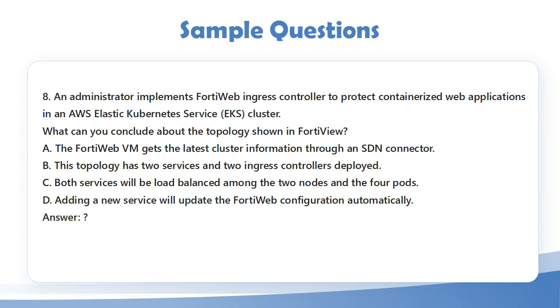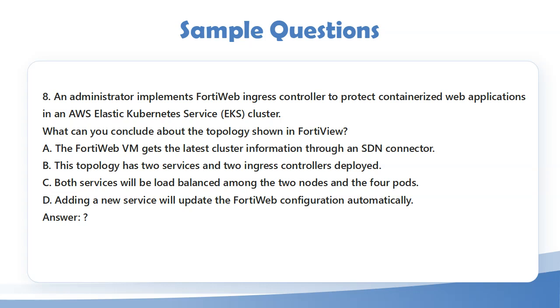8. An administrator implements FortiWeb Ingress Controller to protect containerized web applications in an AWS Elastic Kubernetes Service (EKS) cluster. What can you conclude about the topology shown in FortiView? A. The FortiWeb VM gets the latest cluster information through an SDN connector.